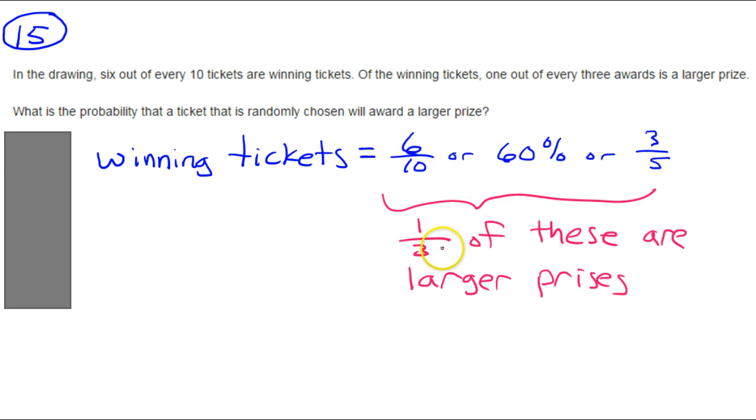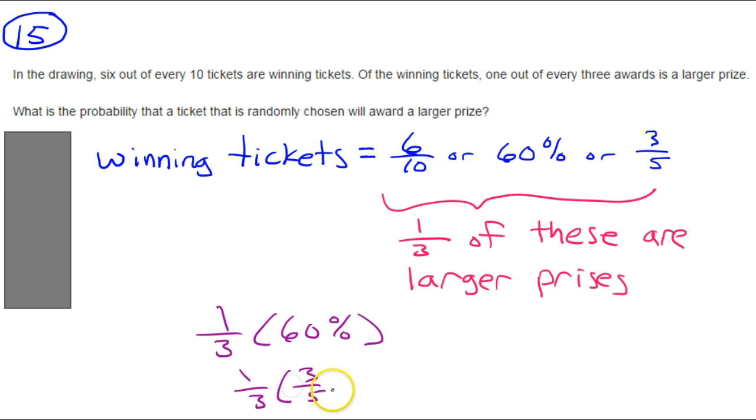Well, that's a matter of what is 1/3 of the 60%. Okay, so let's just do that calculation. What is 1/3 of the 60%? Okay, or I could have left it as a fraction and done 1/3 of 3/5, which is probably simpler because 1 times 3 is 3, 3 times 5 is 15, and this reduces down to 1/5.